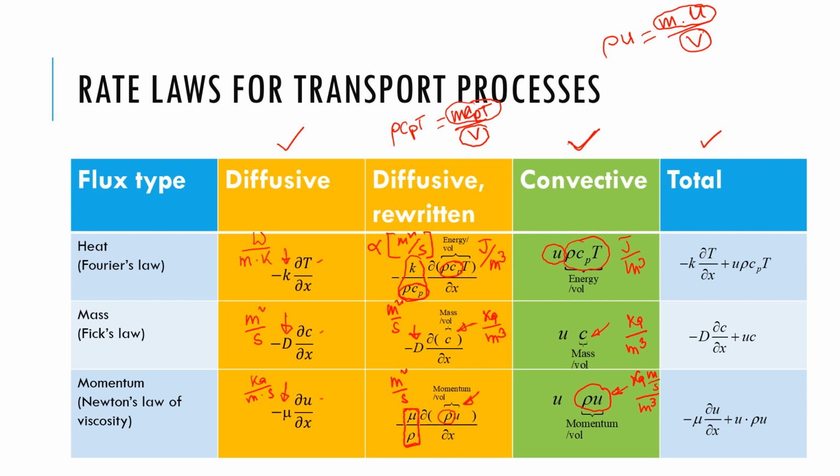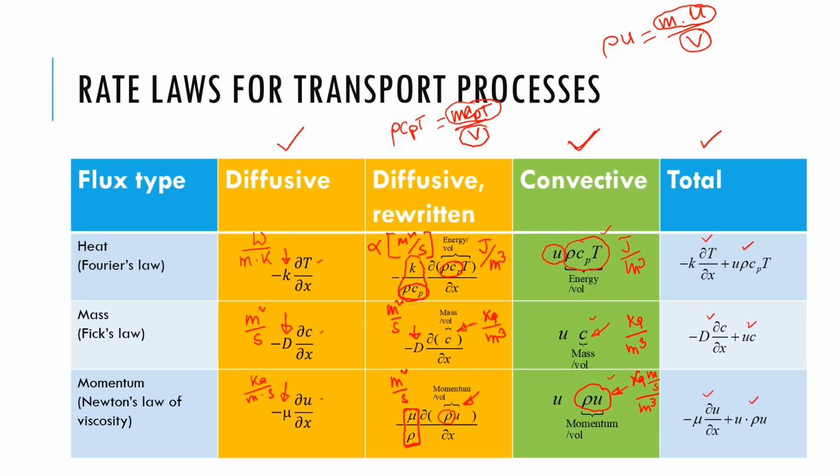Okay, so the convective fluxes, you can see that they are in the exact same format, analogically speaking. So the total flux then is diffusive plus due to flow, diffusive plus due to flow, and diffusive plus due to flow.